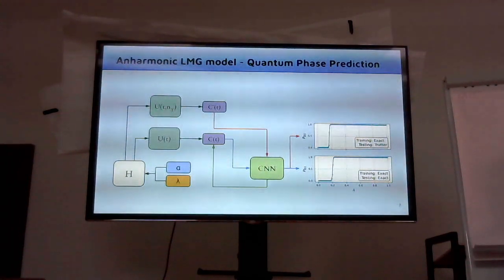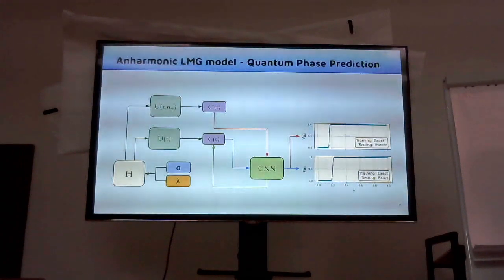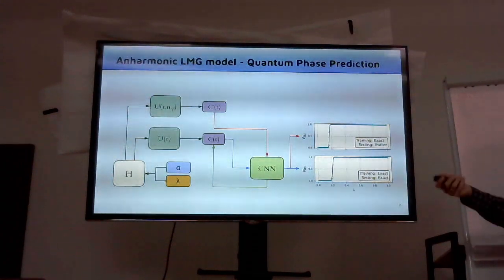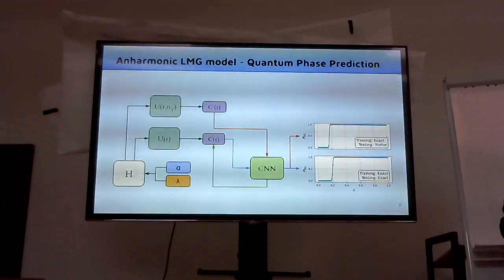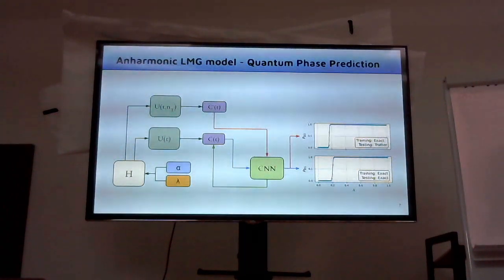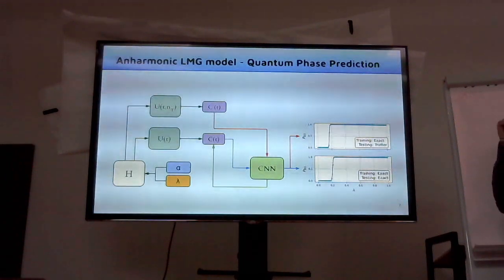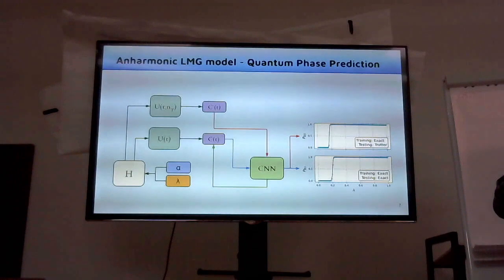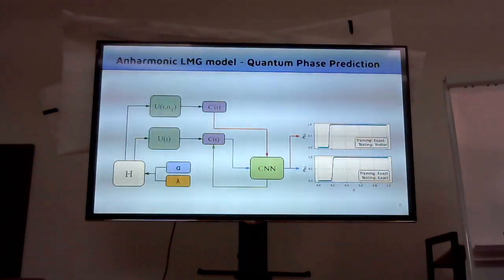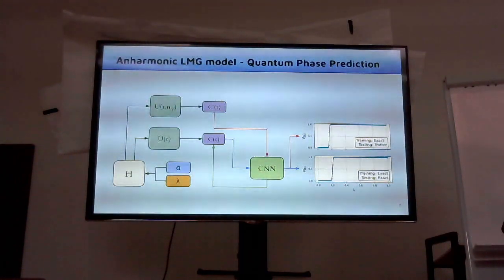Sorry, how do you compute the exact evolution? Well, because the system that we are using is exactly solvable. This one, I believe, is analytically solvable. The other one is just exactly solvable, but not analytically. But I mean, you don't have to always use Trotter, you have an exact one.